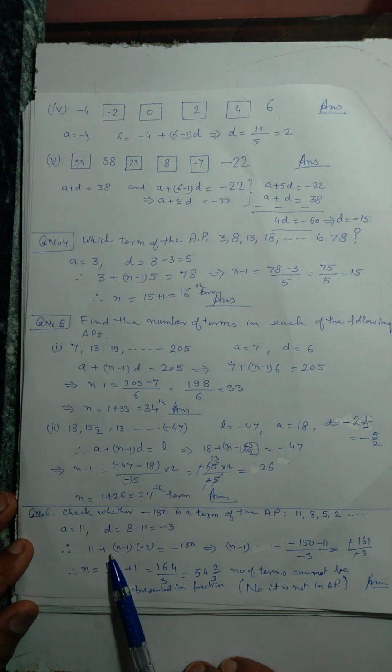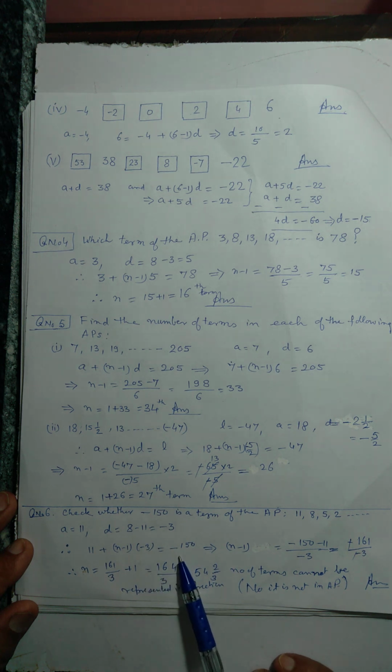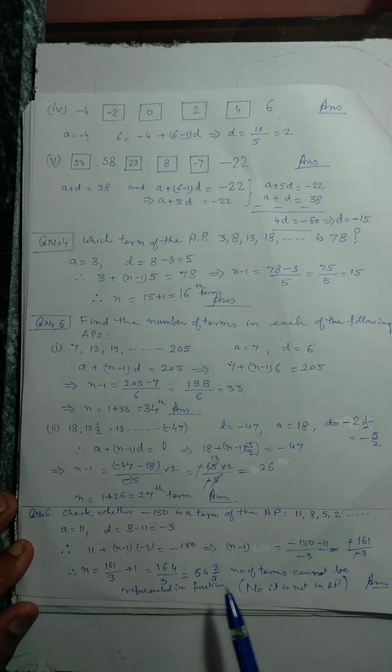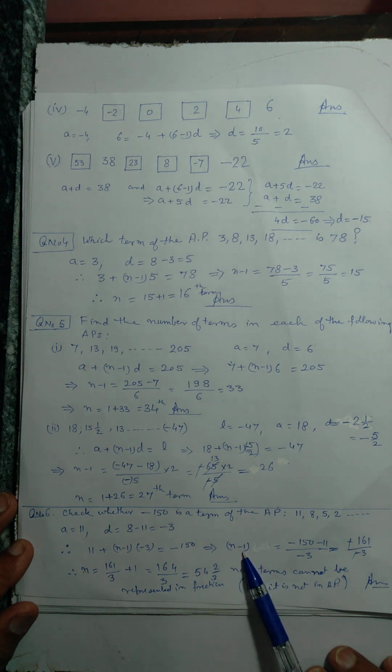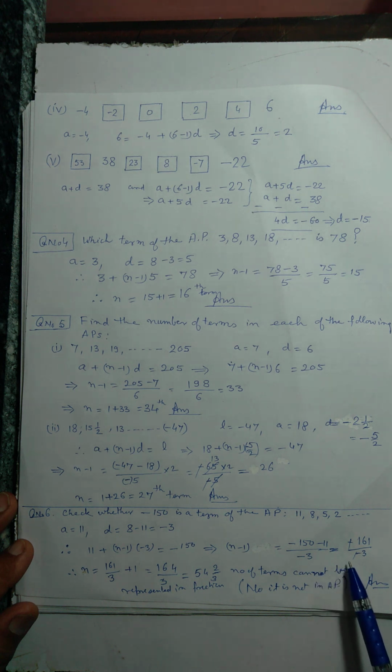Therefore 11 plus (n minus 1) into minus 3, that is the common difference, is equal to minus 150. You see, minus 150 I have written here. So n minus 1, you can work out, will be equal to 161 upon 3.